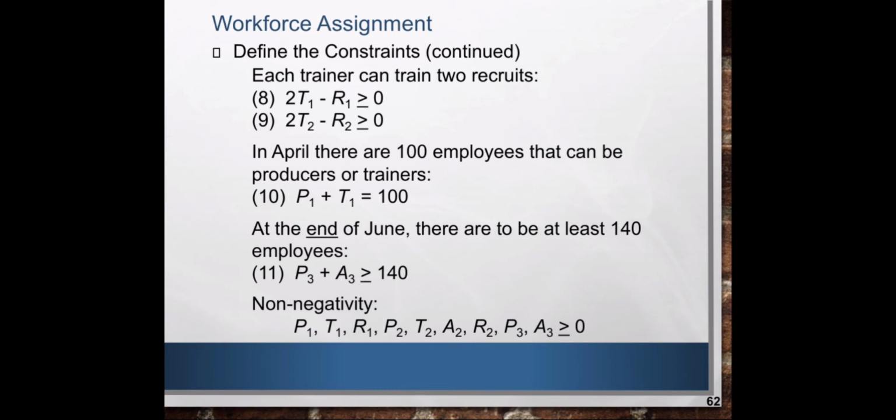At the end of June, there are to be at least 140 employees. So P sub 3 plus A sub 3 is greater than or equal to 140. Non-negativity: P sub 1, T sub 1, R sub 1, P sub 2, T sub 2, A sub 2, R sub 2, P sub 3, A sub 3 are greater than or equal to 0.